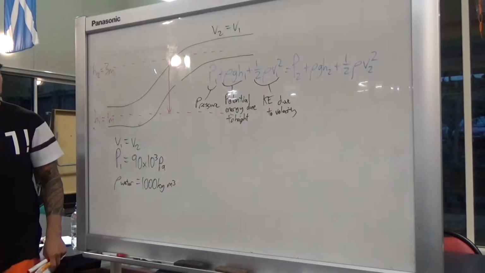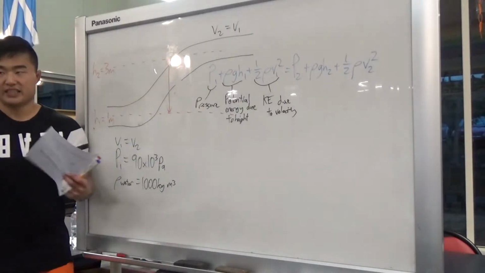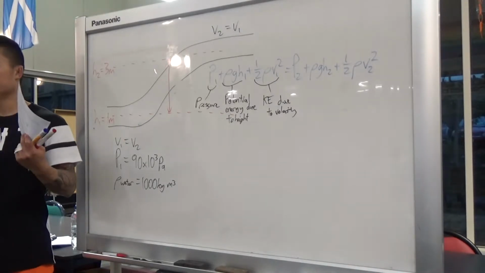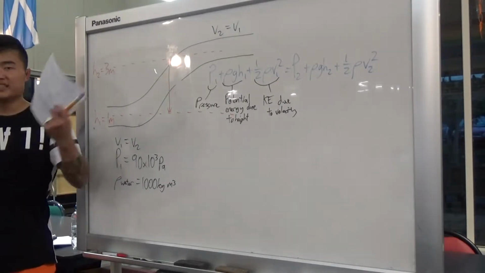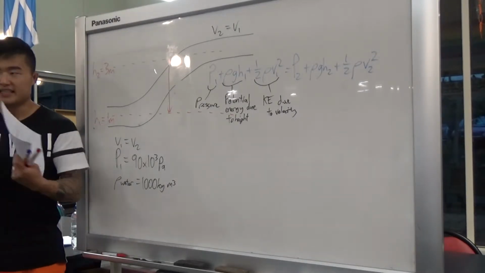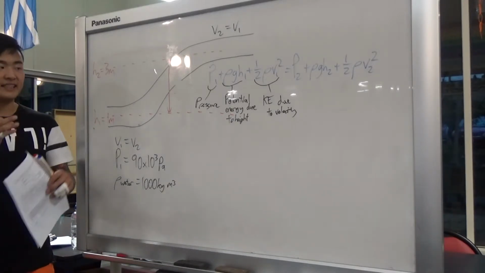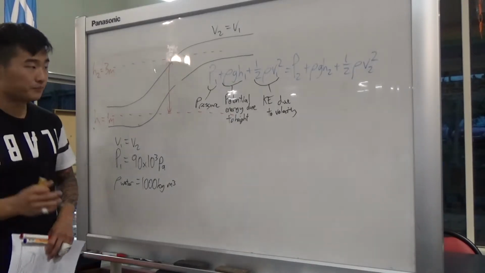Pressure is also a form of energy, because pressure comes from the liquid molecules bouncing around and having molecular energy, kinetic energy at the atomic level.